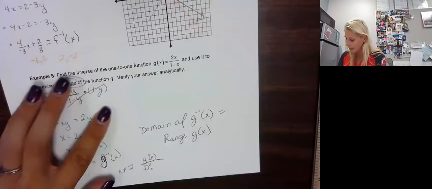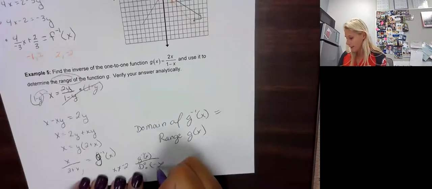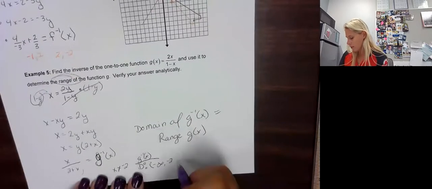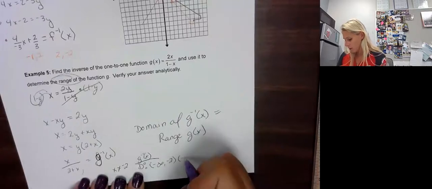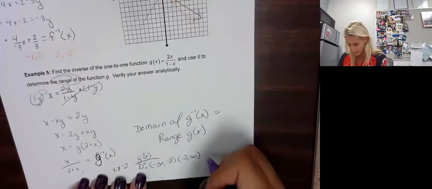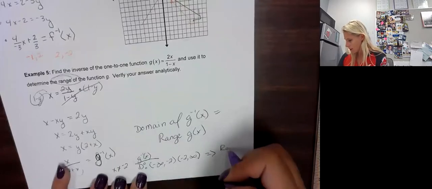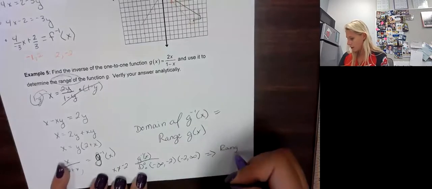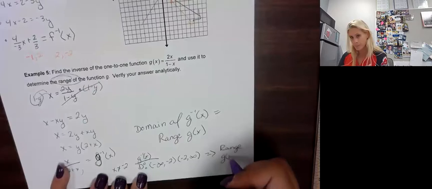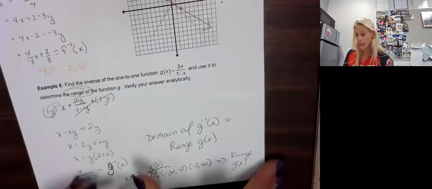The domain is -infinity to -2, union -2 to infinity, which means this is also the range of our original function. So they interchange.